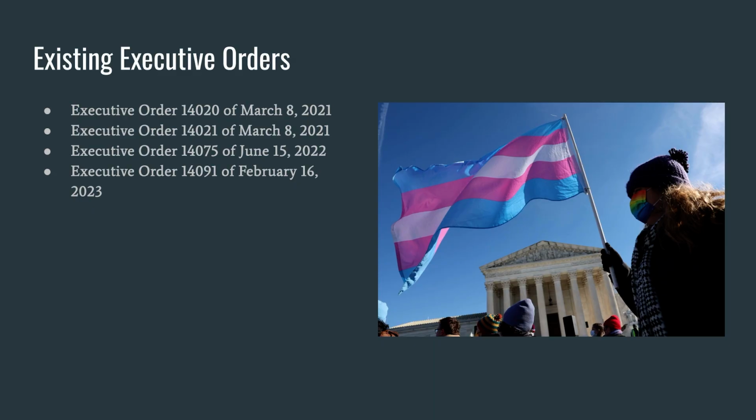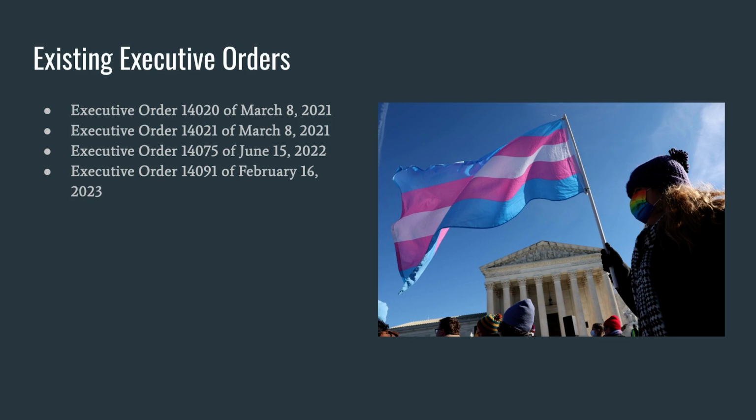Executive Order 14075 of June 15, 2022, advancing equality for lesbian, gay, bisexual, transgender, queer, and intersex individuals, addressed access to medically necessary care for LGBTQ plus youth, discrimination and barriers faced by LGBTQ plus children, parents, caretakers, and families in the child welfare system, supports for LGBTQ plus children, educational institution supports for LGBTQ plus elders, and responsible data collection.